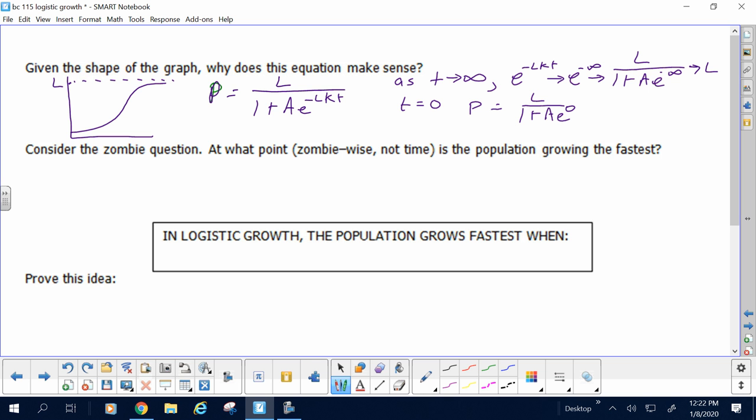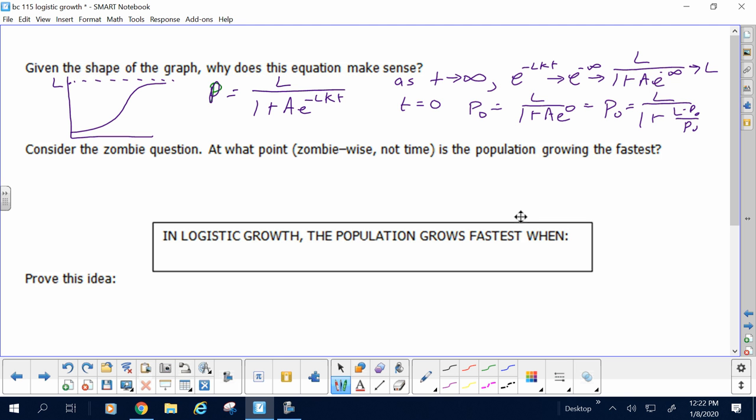So P initial is 1 plus A. I don't know if that's really interesting, is it? Is that true? If I multiply through by P initial, that's not going anywhere. Never mind. Forget it.